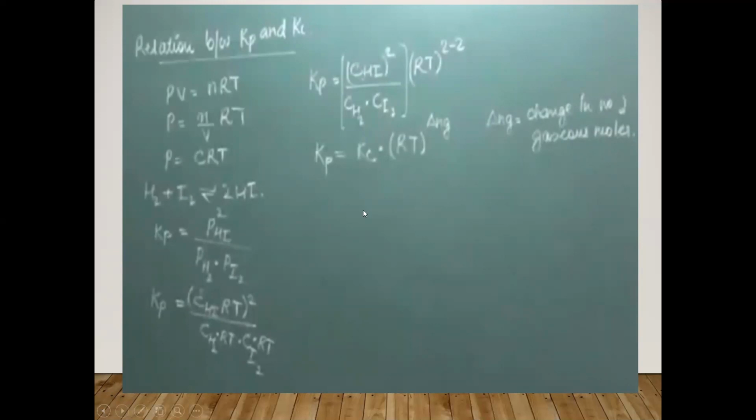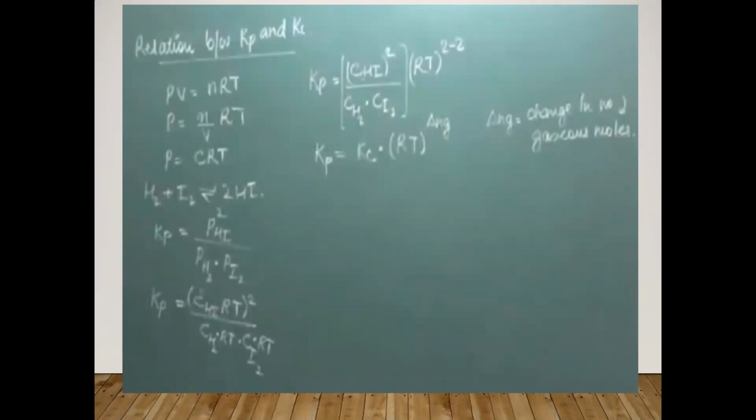Yes, we can, because RT is common, so I can write it like this also: [CHI] power 2 upon [CH2][CI2], because RT is here also and RT is here also. So RT I have written as common, and here the power is 2, and here also 1 into 1, so the power will become 2. When 2 goes up, it will become RT power 2 minus 2.